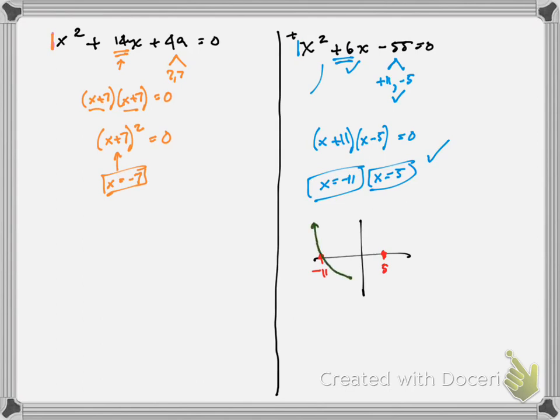Of course, if you put 0 in for x, you end up with a y-intercept of negative 55. If this was the equation y equals x squared plus 6x minus 55, and we wanted to know what the y-intercept was, we would put 0 in for x, and we would get negative 55. Now, ultimately, we put 0 in for y, which is why we're solving for what we call the zeros.